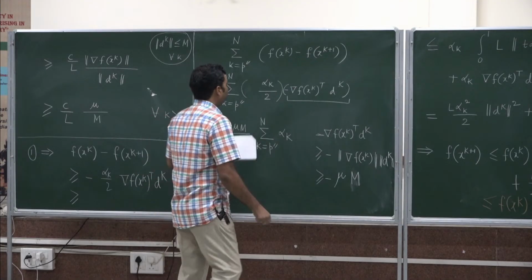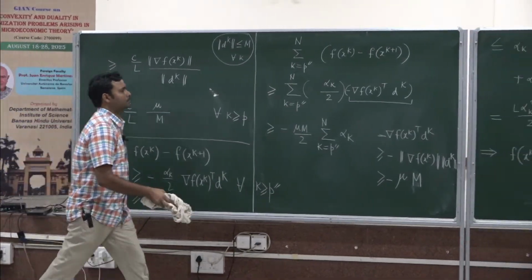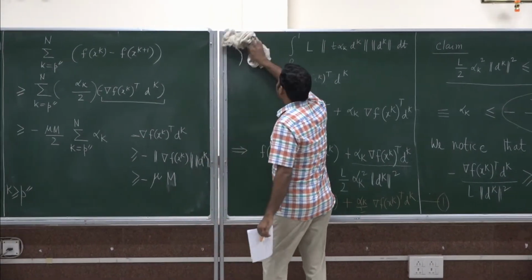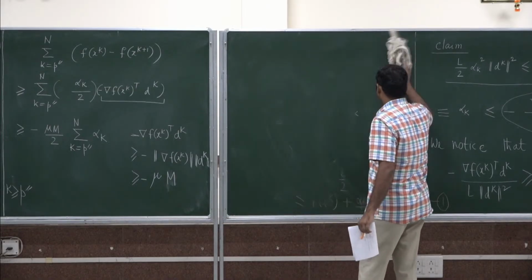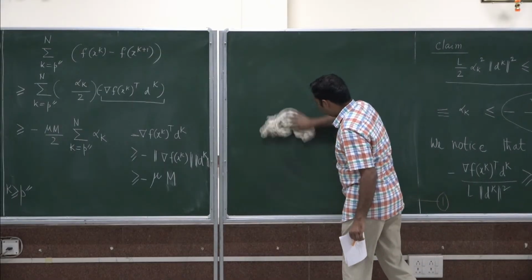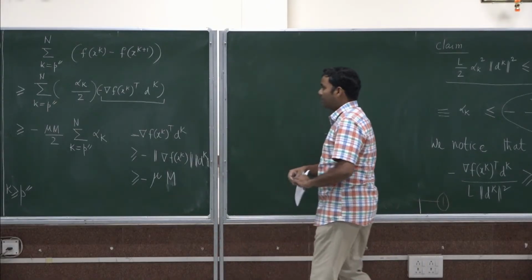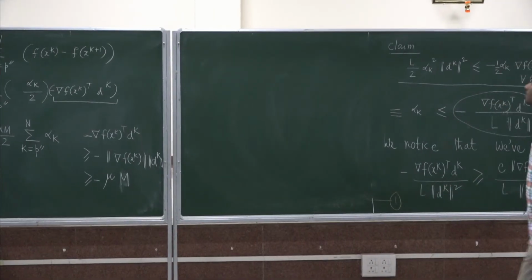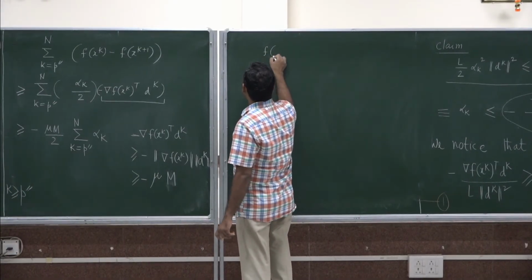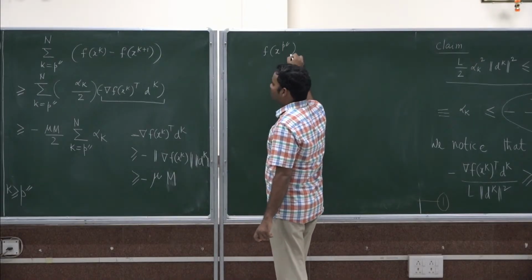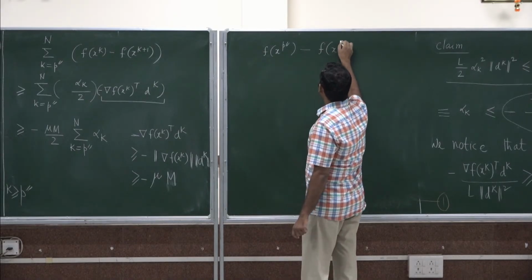And then the telescopic sum will give us f of x p double dash minus f of x capital N.